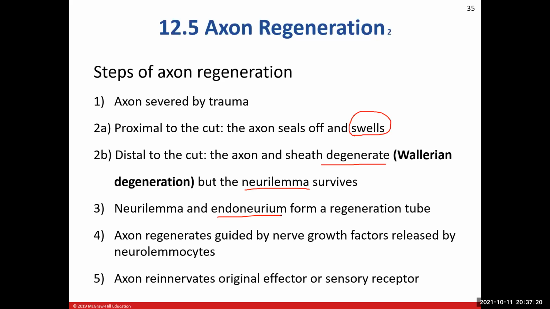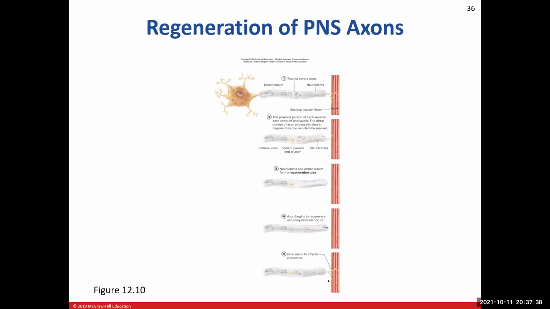So we have the neurolemma and the endoneurium, and those two create what we call the regeneration tube. Okay, the regeneration tube. And that's going to be that tube that's going to prompt and help that axon to grow. So let's see the picture here so far.